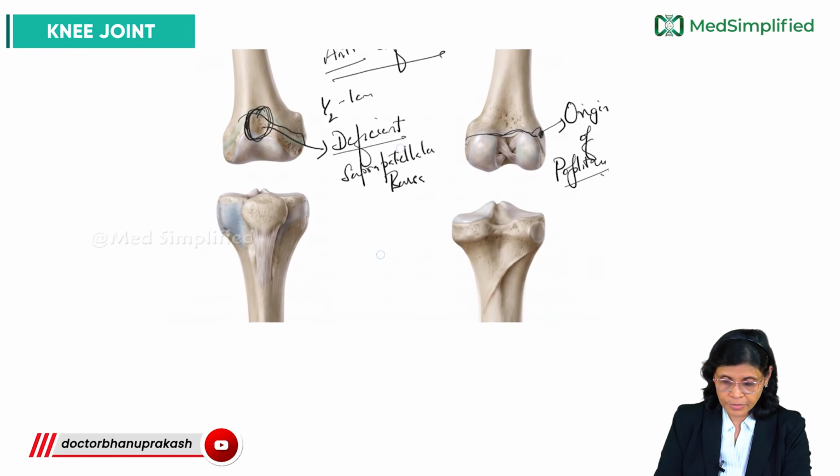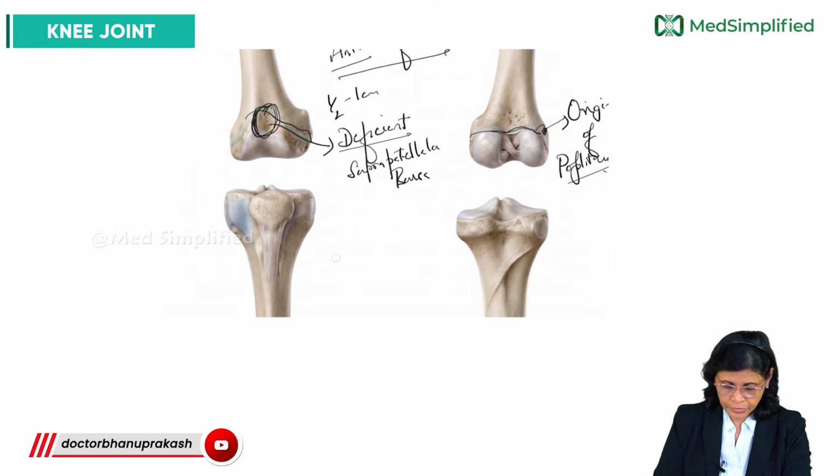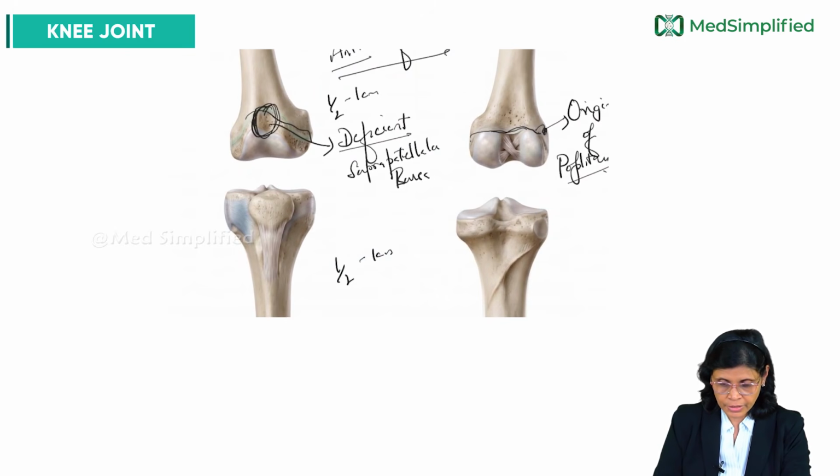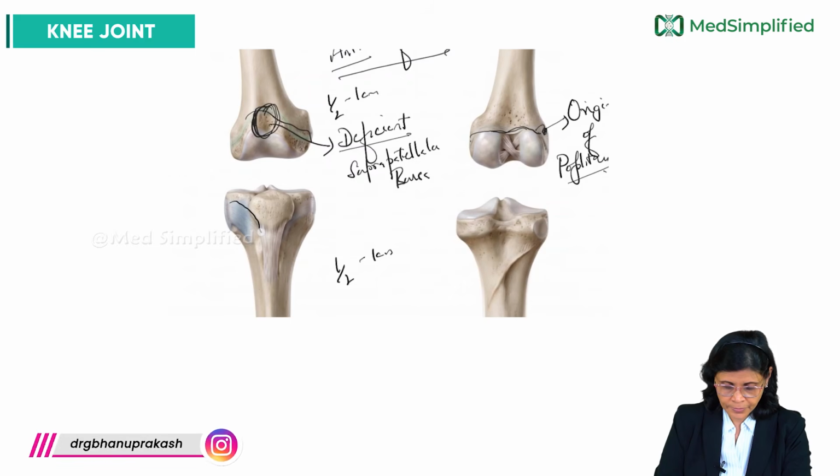In the tibial attachment, it is attached about half to 1 centimeter beyond the articular margin. Anteriorly it descends along the margin of the condyles to the tibial tuberosity. Here it is deficient because of the attachment of the ligamentum patellae.